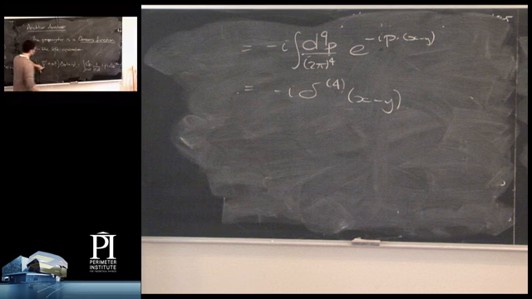Well, then these derivatives bring down the powers of p, which when you recombine them into a 4 vector is minus p squared plus m squared, which up to a minus sign cancels the p squared.